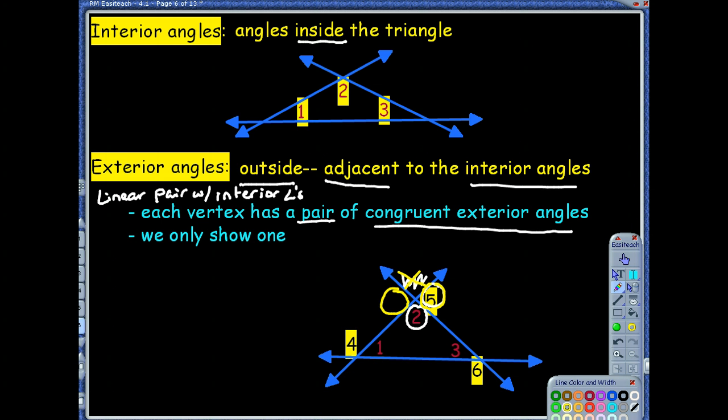So the two that she circled there are both considered exterior. However, I'm noticing that those are vertical angles to each other, which means they're the same measure, right? Yes. So when you're talking about an exterior angle, in answer keys we only show one. So how do I know which one I use? It really won't matter because, again, both of them are congruent angles. So either one would be fine. That makes sense.